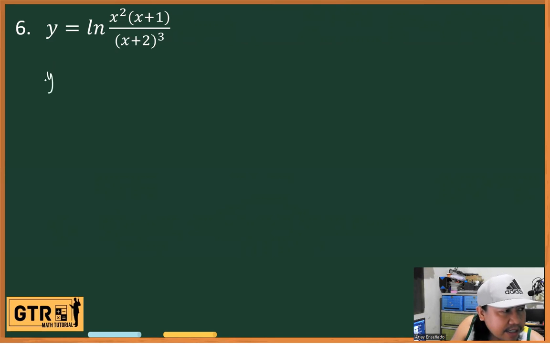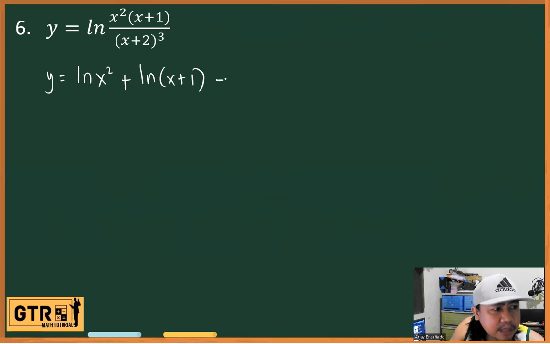So first apply the law of logarithms. We distribute the ln. We have ln x squared, which is in the numerator so it is plus, plus ln of x plus 1. And for the denominator, that is minus ln of x plus 2 cubed.